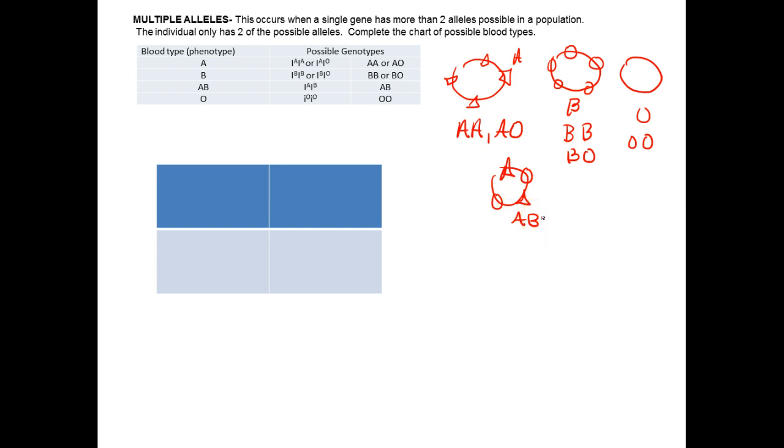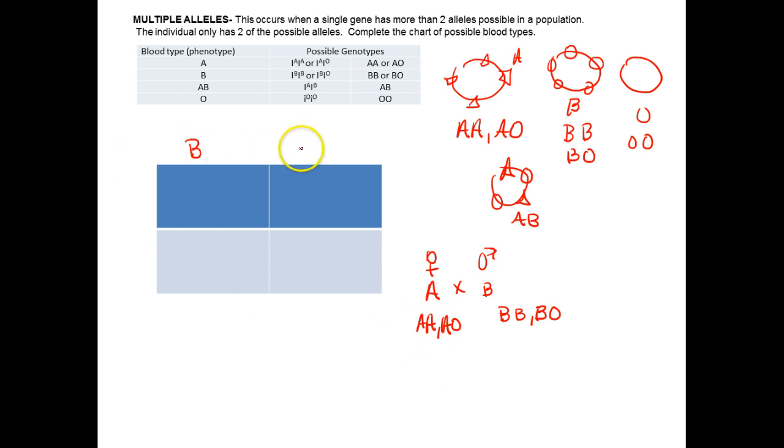Okay, so how do you predict? Say the mother is blood type A and the father is blood type B, what can the offspring be? If she's A, she could be AA or AO, and if he's B, he can be BB or BO. Okay, so let's set it up here. Let's put the father here.